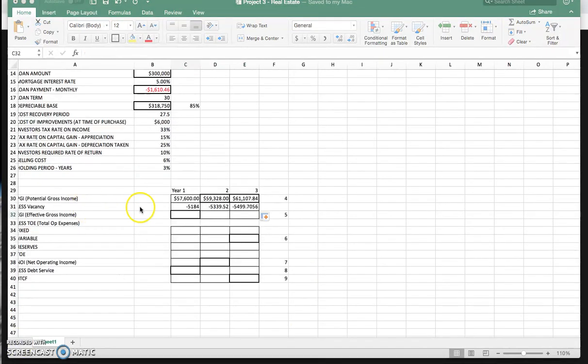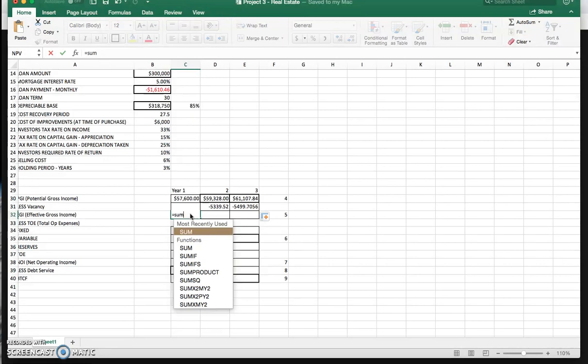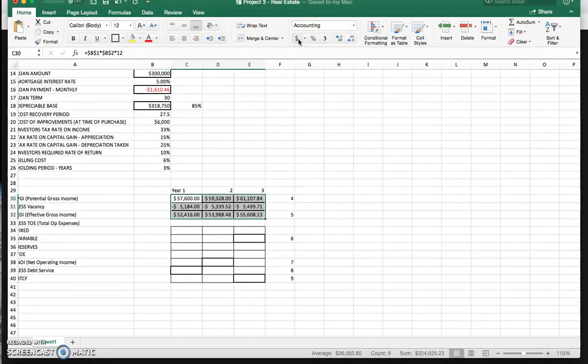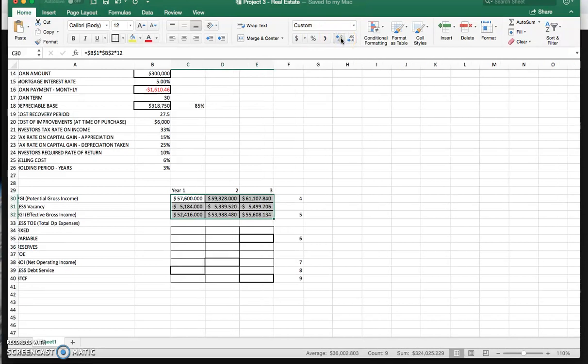And then for the effective gross income, it's just the sum of these numbers. And I'm just going to go ahead and take the decimals out.